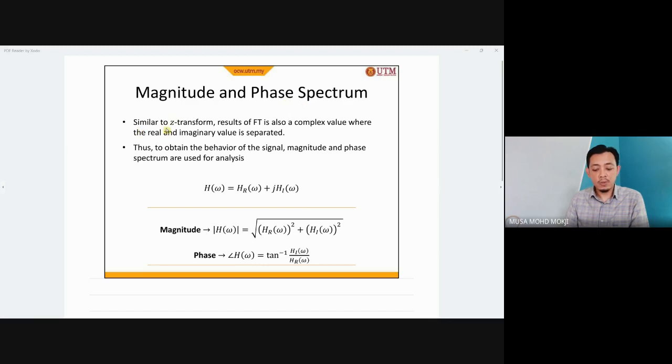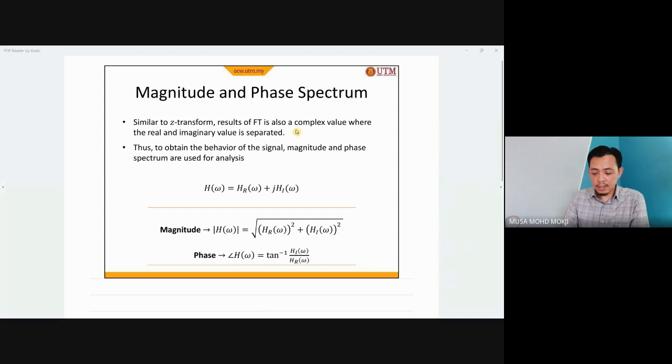Similar to the Z transform, the result of a Fourier transform, after we apply the formula, the summation of h[n] multiplied by e to the power of minus j omega n, will be a complex value, because the Fourier transform is just a subset of the Z transform. The Z transform is actually a complex plane.